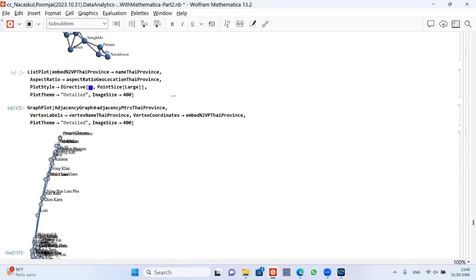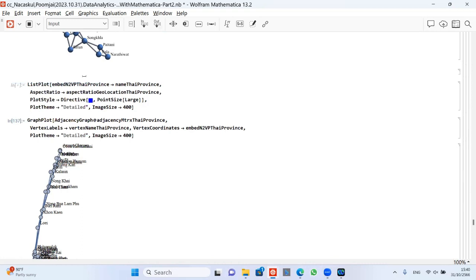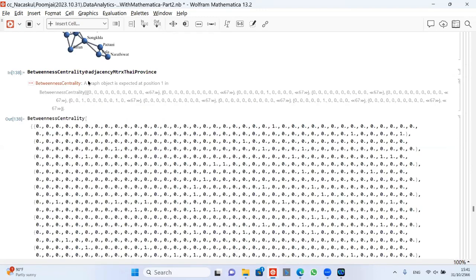So let's do that. Now this part I haven't written in the code. So, betweenness centrality of adjacency by province. Oops, sorry, that should be the graph.